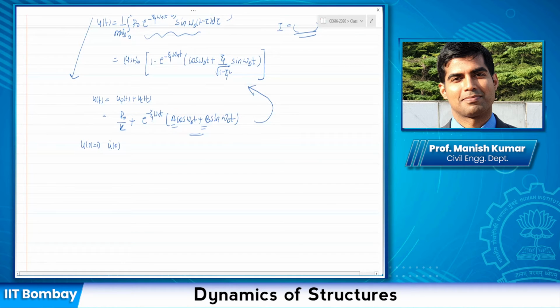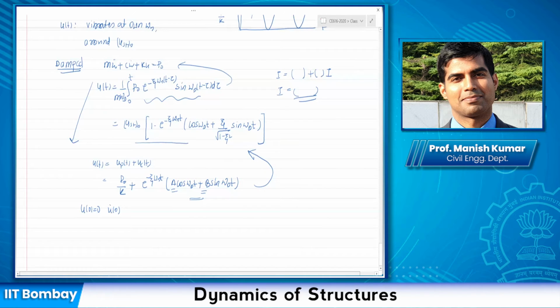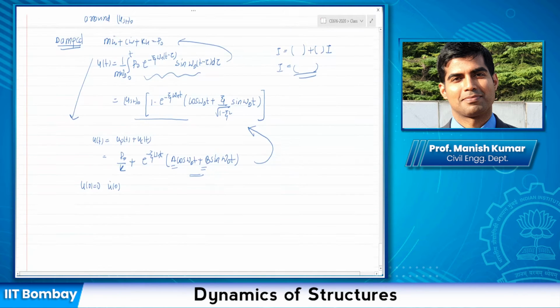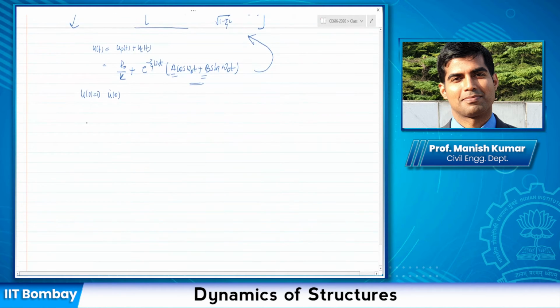Now if you try to plot this expression for a damped system, what you will see is, I'm again going to draw this, this is p(t), force p naught. The response u(t) to this function, I'm again going to write for the undamped system, it was without any change in amplitude.